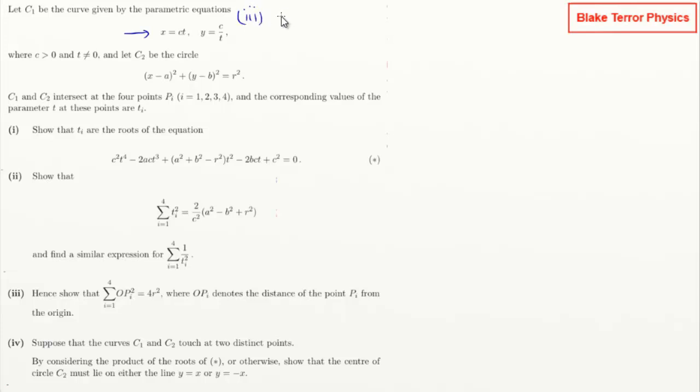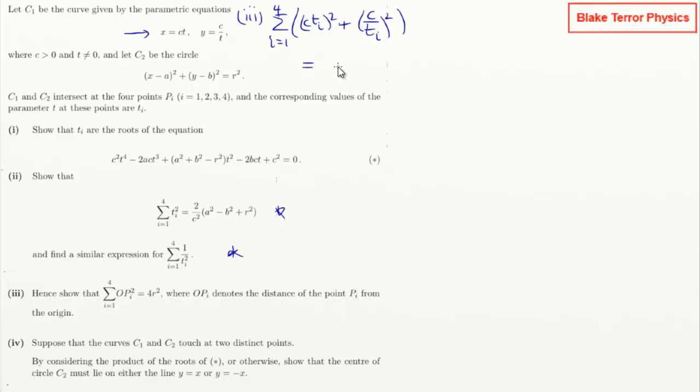So we want to do the sum from i equals 1 to 4 of x squared plus y squared. So that's going to be CTi all squared plus C over Ti all squared. So I'm adding up these two things I've just worked out.